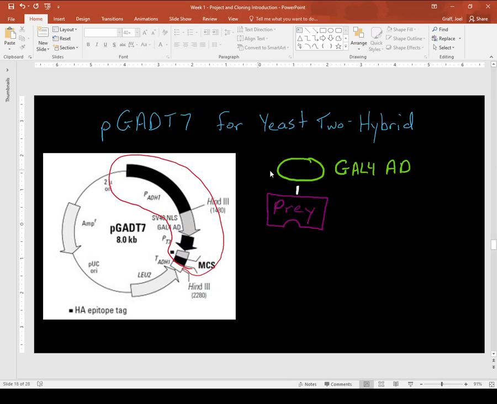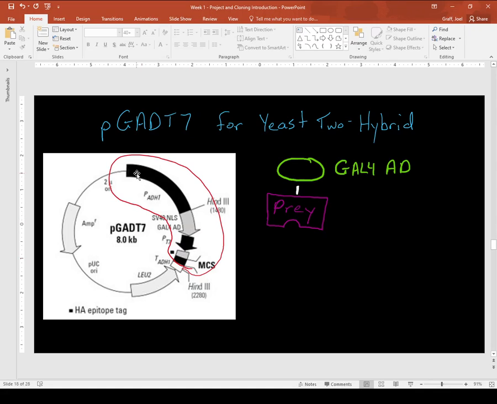Meanwhile, the sister plasmid, the first one was called a bait plasmid, this one's called the prey plasmid, pGADT7. And this prey plasmid looks a lot the same. Here we've got that promoter for alcohol dehydrogenase 1. And then we've got some connecting sequence, and then we've got our multiple cloning site.